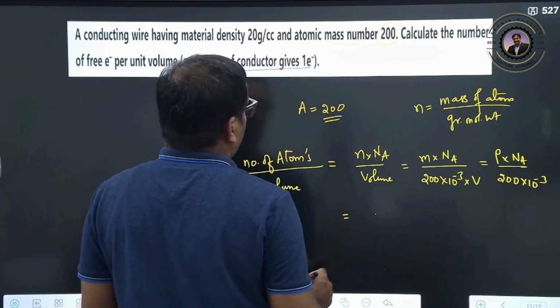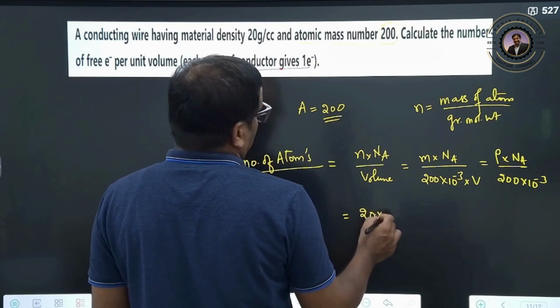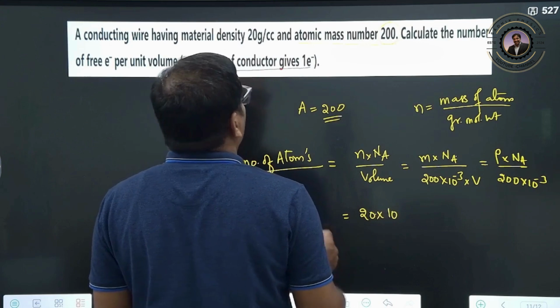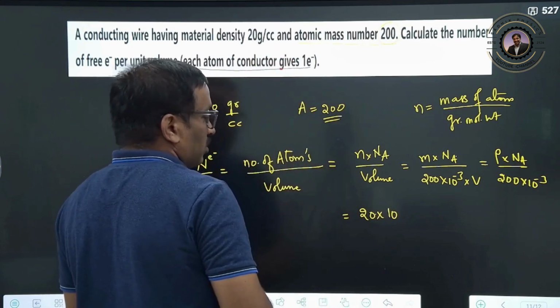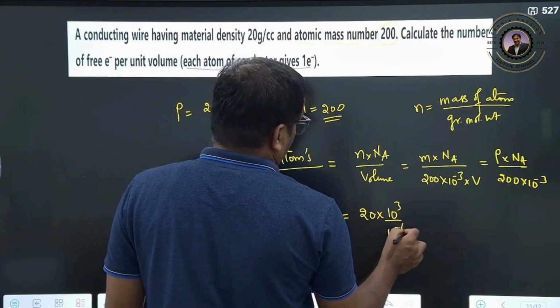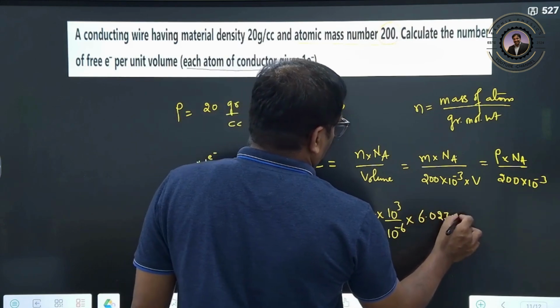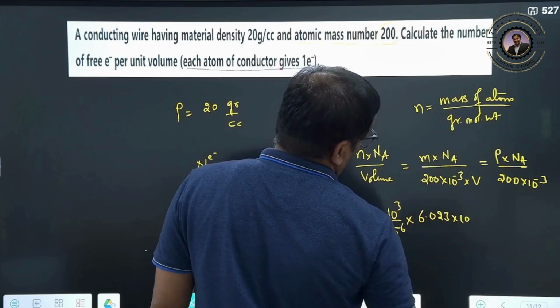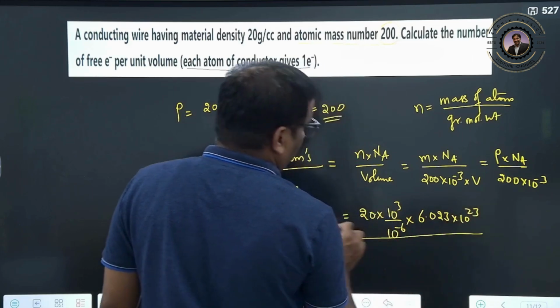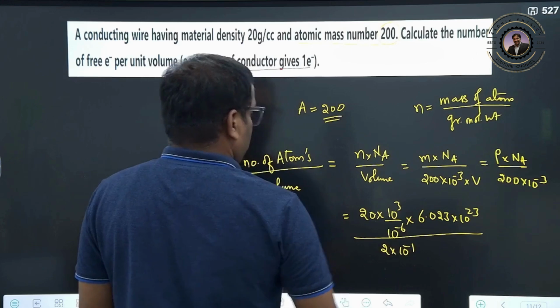So density is given as how much now, 20 gram per cc, so can be written as 1000 by 10 to the power of minus 6, into Avogadro number 6.023 into 10 to the power of 23, divided by 2 into 10 to the power of minus 1.